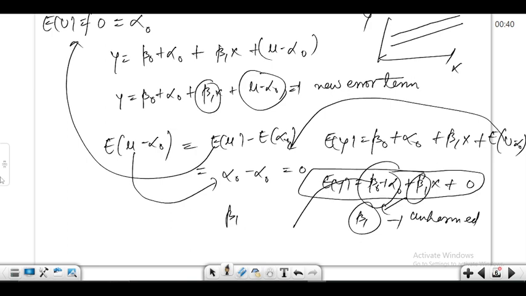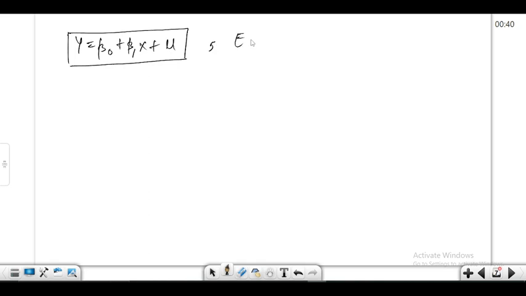So let's move ahead. Let me write the model again: beta naught plus beta 1 x plus u. For the population, we assume that the expected value of u is equal to 0.